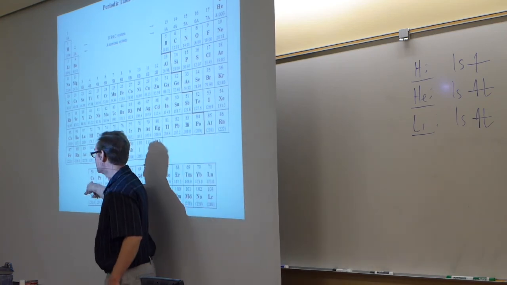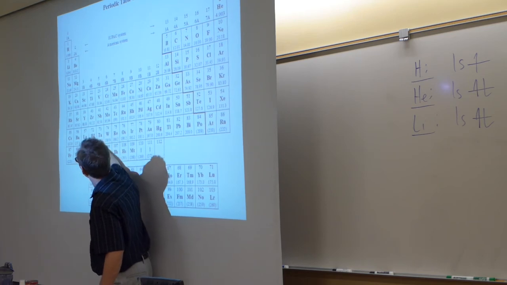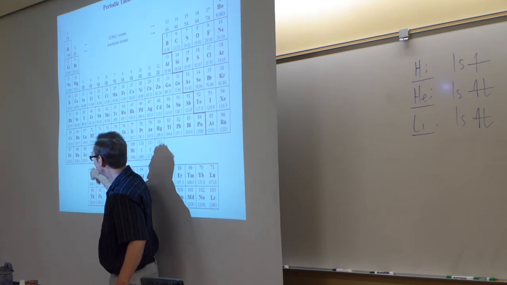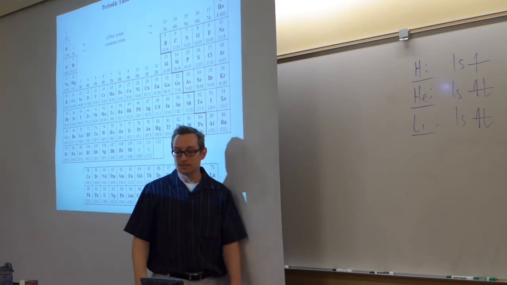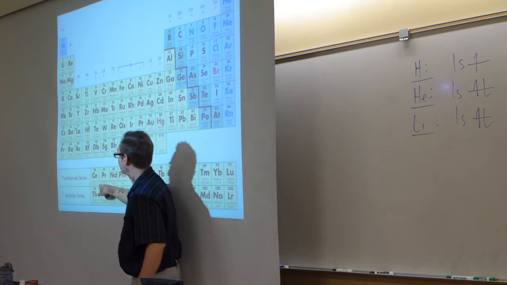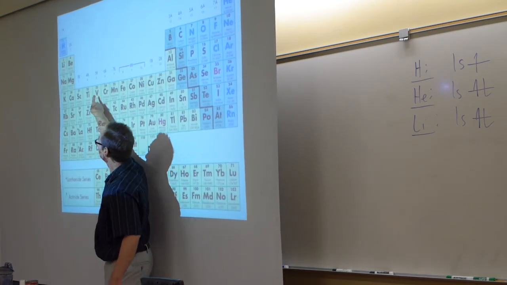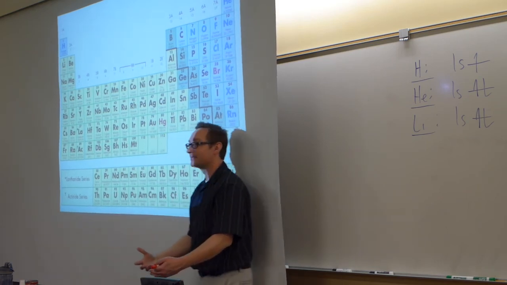Take a look at cerium. Okay, in this periodic table, you look at cerium and it's in group 4b. Okay. Now I'm going to show you a different periodic table. What group is cerium in? 5b. There's no consistency there, right?